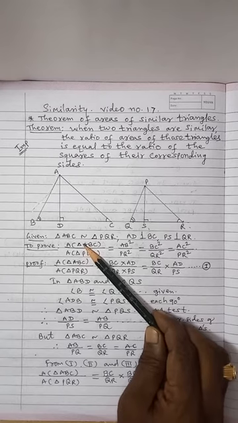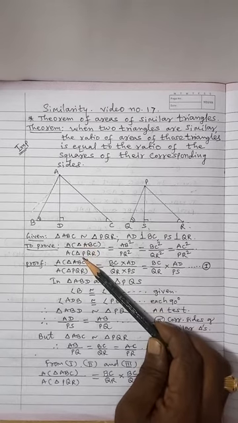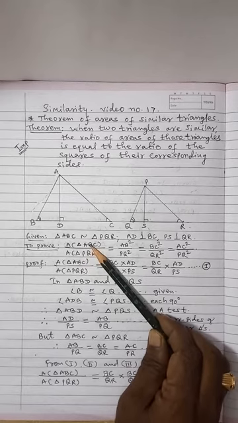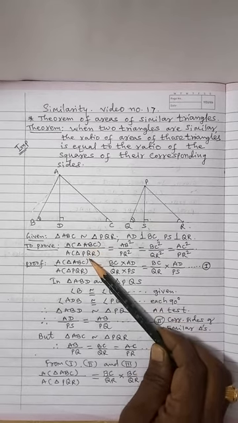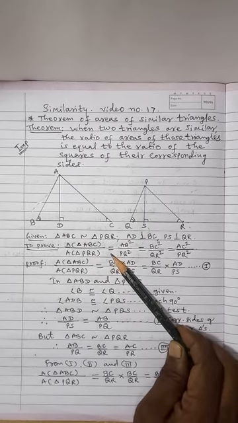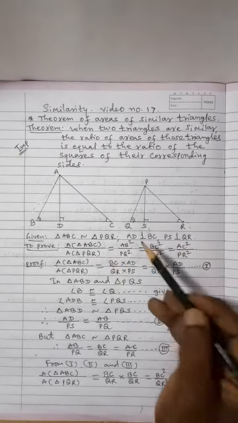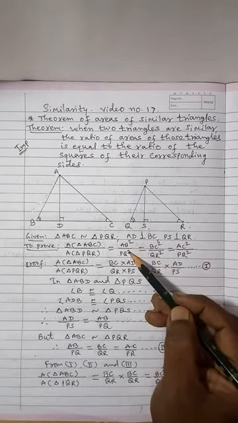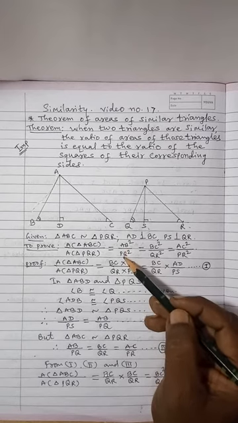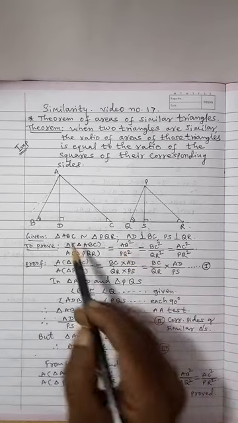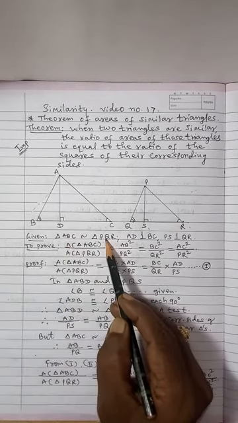The ratio of areas of the two triangles, triangle ABC and triangle PQR, is equal to the ratio of the squares of the corresponding sides. Now see here, AB and PQ are the corresponding sides.